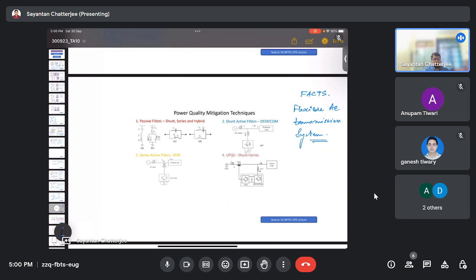Suppose we need to improve the power factor or the voltage compensation, mainly compensation techniques.